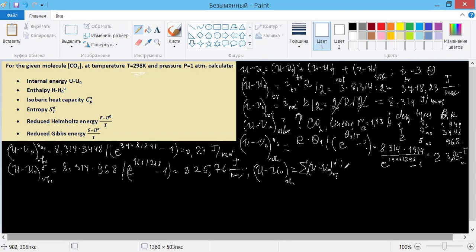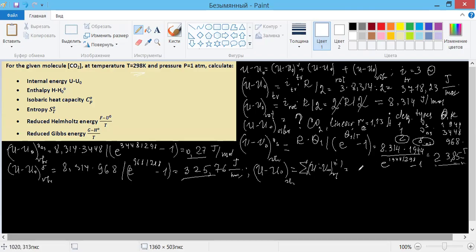Okay. And the sum. So we sum this, and this. And finally, we've got, oh, and again, you see, I nearly made a mistake. But we also should take into consideration the degeneracy, which is equal to 2 for this type of vibration in this molecule.